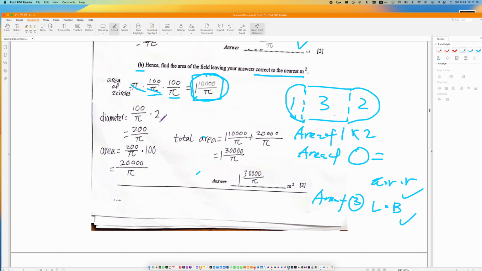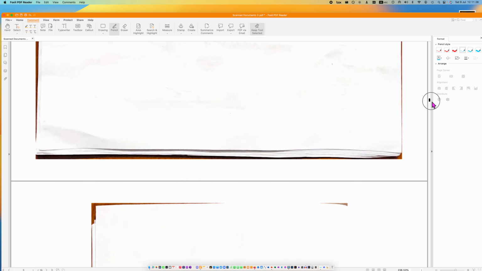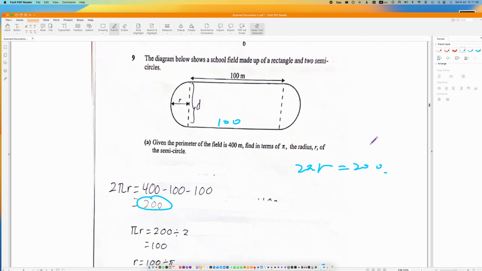Where do you get two circles from? That's the reason. Next time, in fact, this question is to test you on area of composite figure. This is a composite figure. Is it a composite figure? Composed of circle and so on.